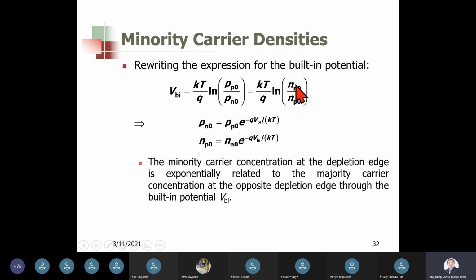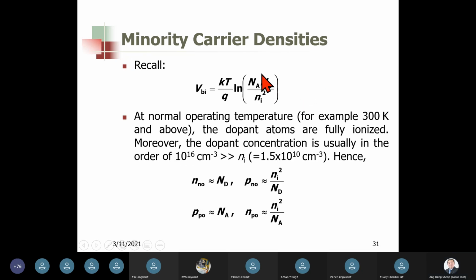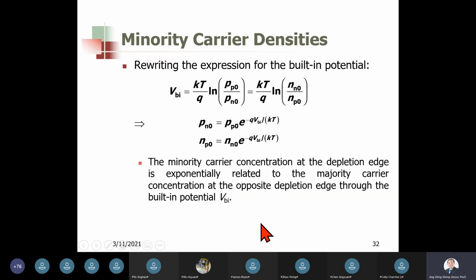In this expression here, I have replaced ND by Nn0 and ni squared over NA by Np0. Now, I can bring q over to the left side as well as kT to the left side and eliminate the natural log by raising both sides to an exponential function. The resultant two expressions are shown here.